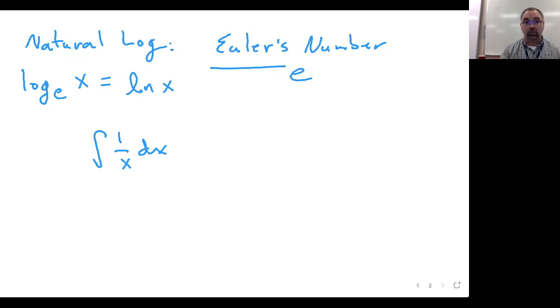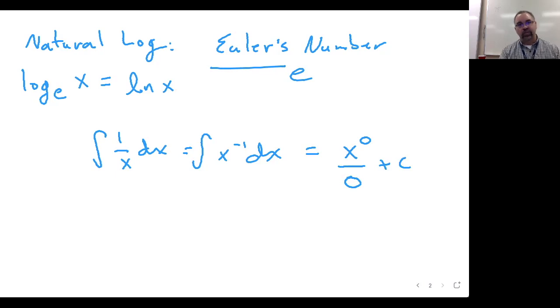Well, you could try. You'd be like, wait a minute, Mr. A, we could just rewrite that, and then use the power rule, right? We'll just add 1 to the power. Oh, that's not good. 1 divided by 0. That is not infinity.